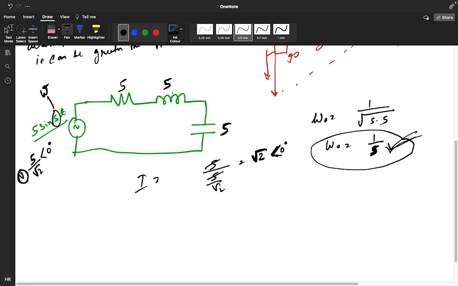if you want to get the value of this XL, this particular XL is omega into L, right?